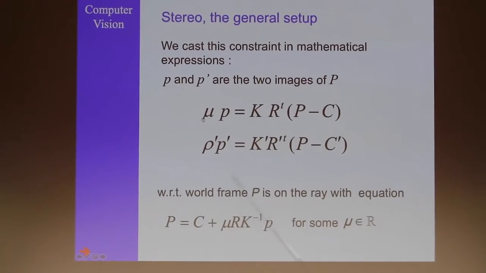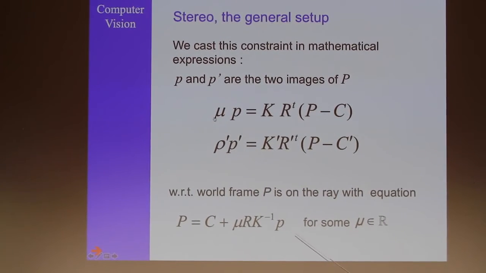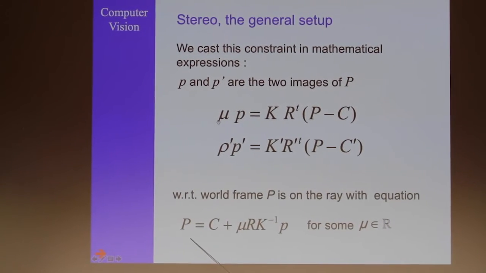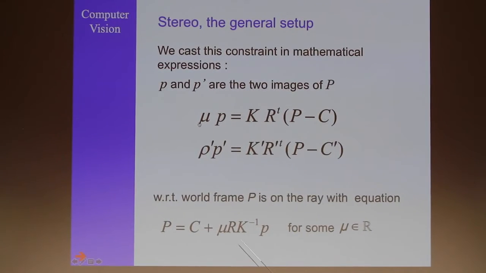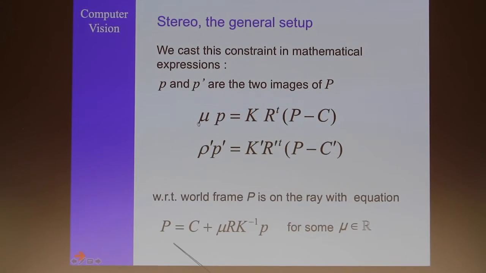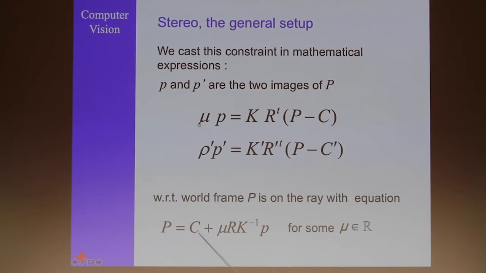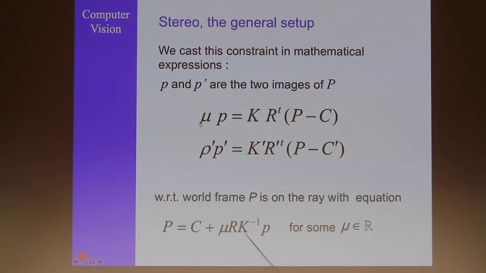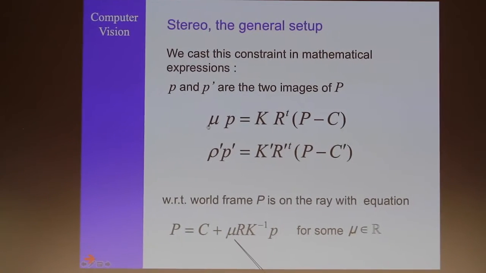And here you go. If you pull P out of this equation, this is what you get. So these are all the points in space, capital P, that would all project onto the same image point, lowercase p, for camera 1. There are multiple points now, because it's as if we start from C and move out in the direction R transpose K minus 1 p, the direction of the projection ray of the first camera, a certain amount mu.